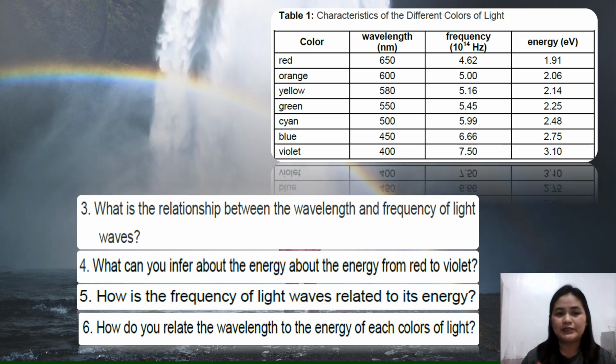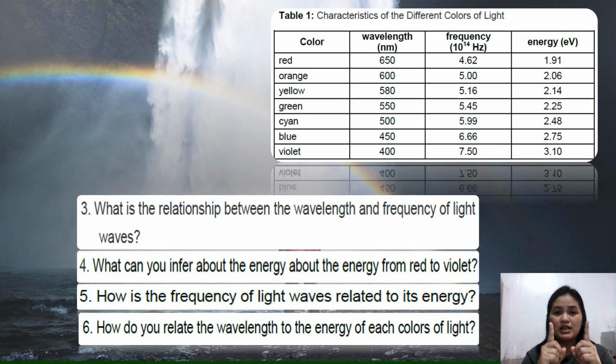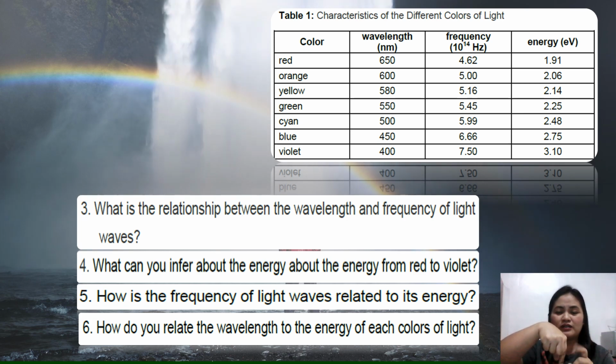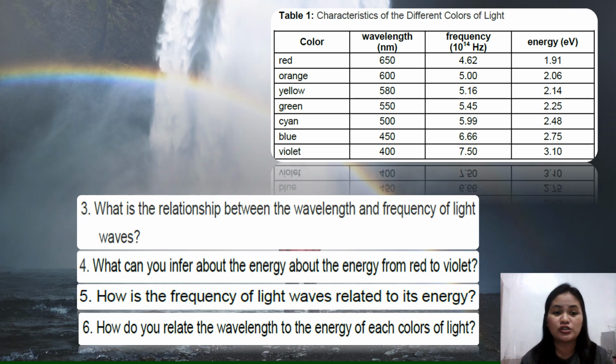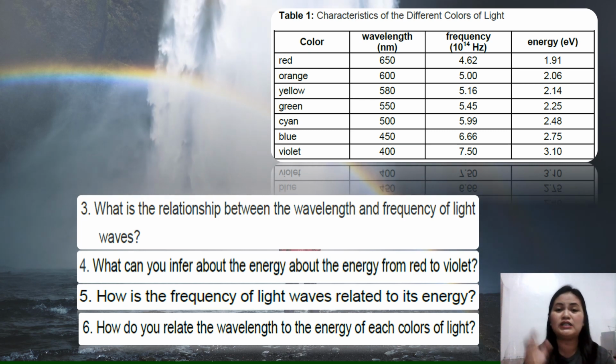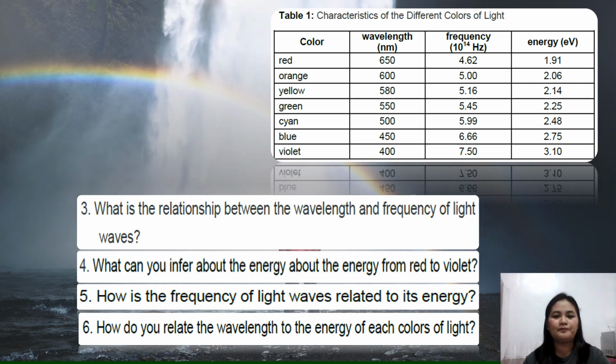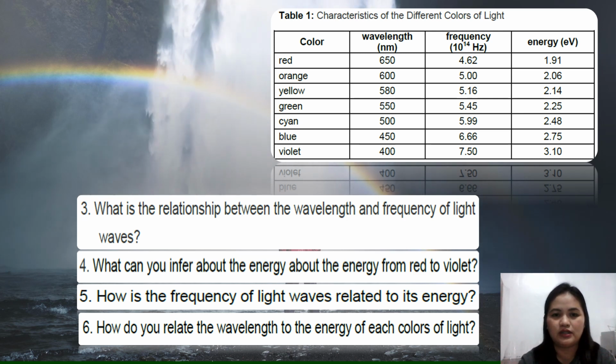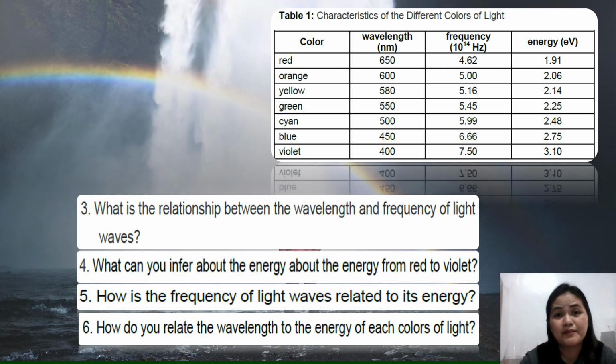Are they directly proportional or inversely proportional? Mga ganon. That's how you should answer questions in number 3, 4, 5, 6 in your activity number 2. Okay. I think we can now proceed to activity number 3.